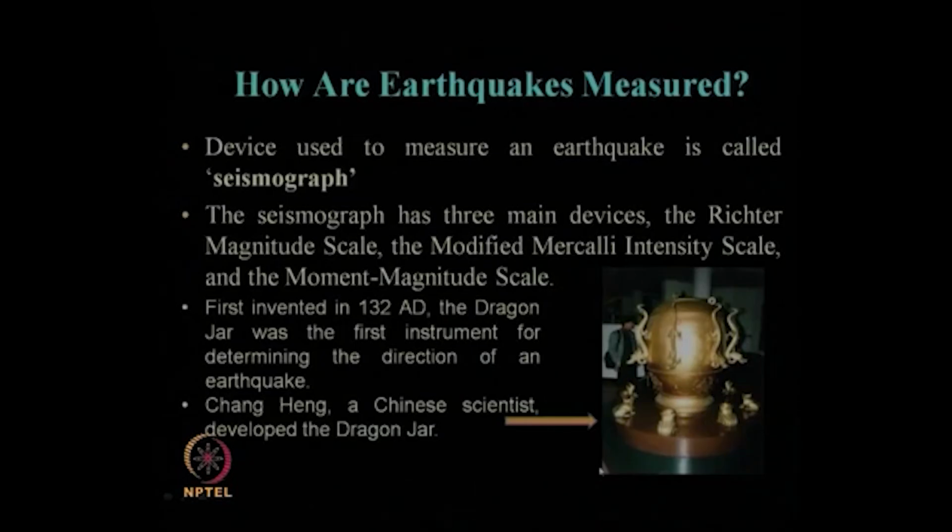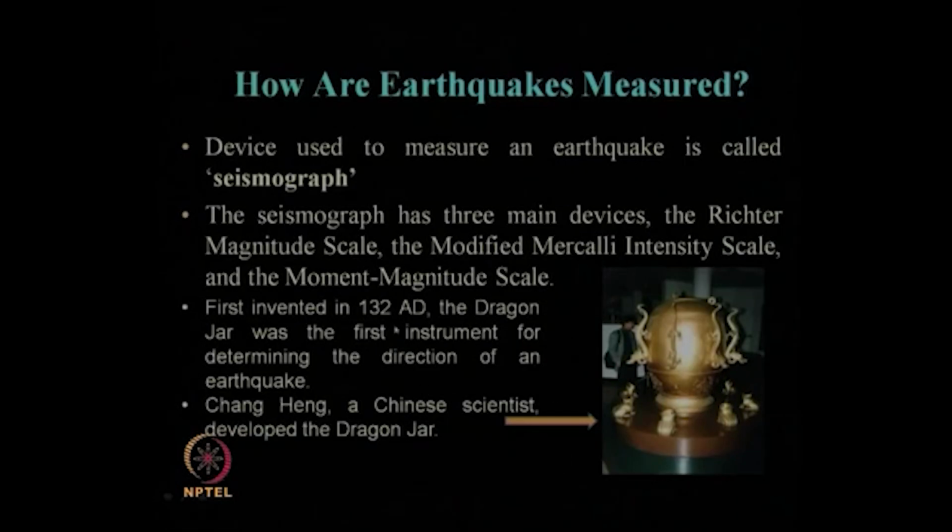Three main scales are available, which are called the Richter magnitude scale, the modified Mercalli intensity scale, and the moment magnitude scale. In addition to these three, there are other scales as well, but these are most commonly used worldwide. We will see other scales also in subsequent lectures.